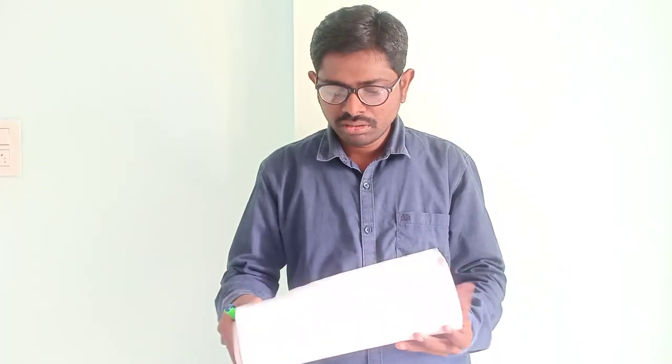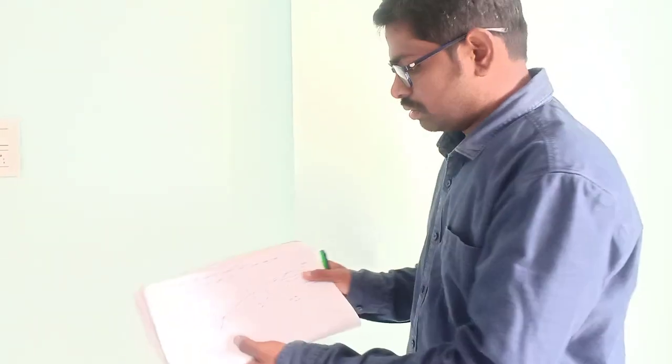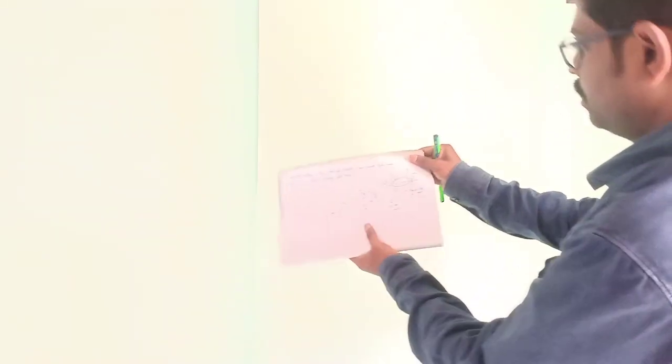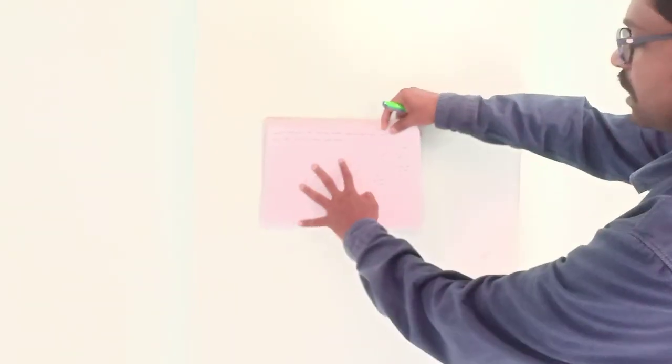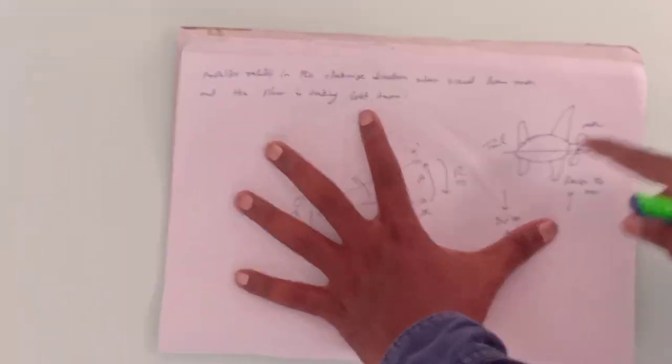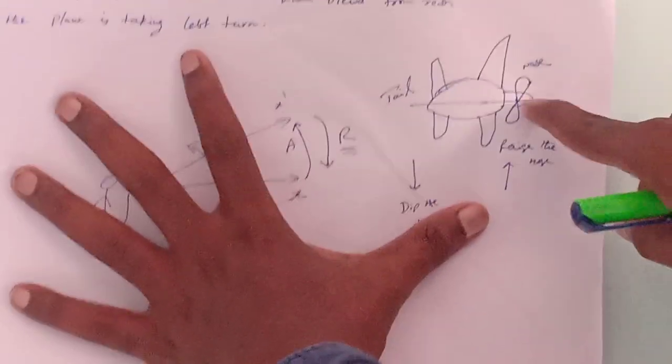Now what we have to do? First I will explain how it is. For example, you take this is an aeroplane, and for this aeroplane, you see I have drawn this. Just zoom this diagram.